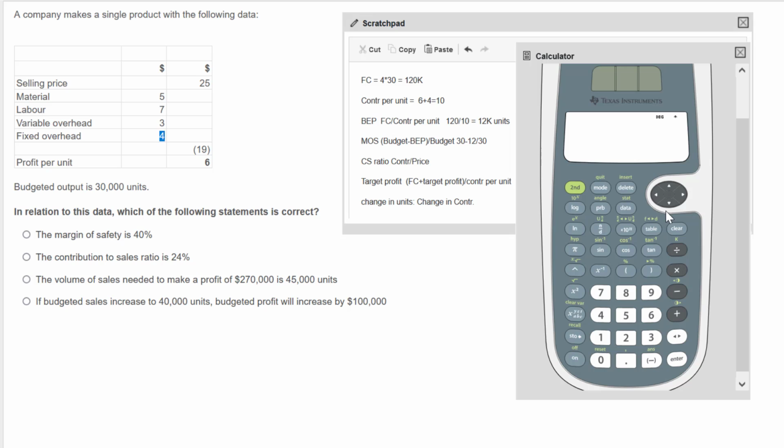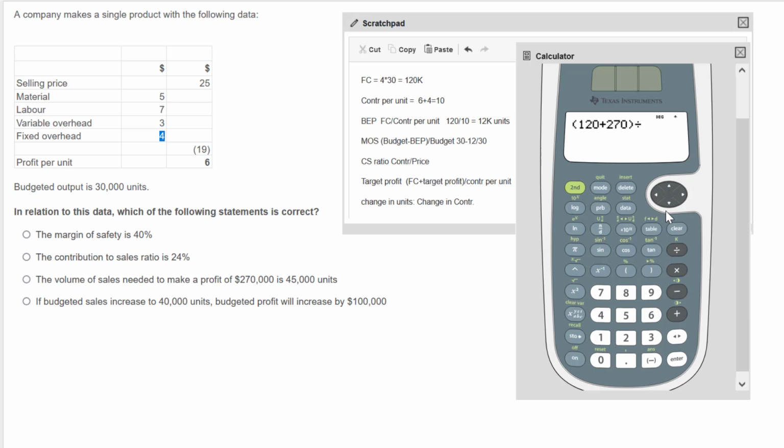This third one here, the volume of sales needed to make a certain profit, it's very similar to a break-even point calculation. Well, we're going to work in terms of contribution per unit. First thing we need to do is sell enough units to cover our fixed costs, which is 120,000. After we cover our fixed costs, we want enough contribution to put 270,000 in our pockets.